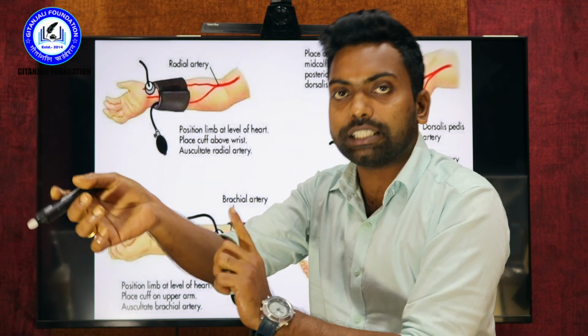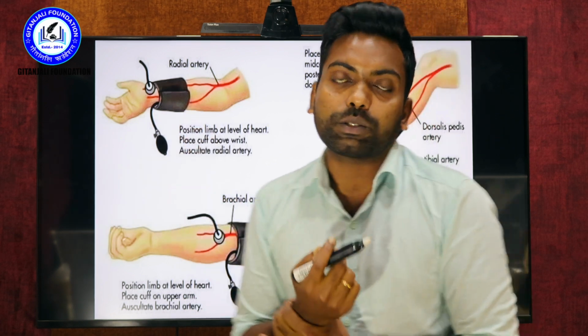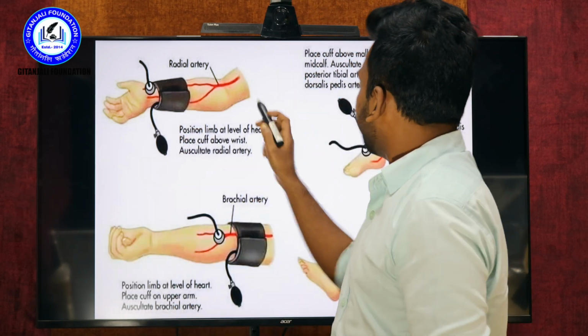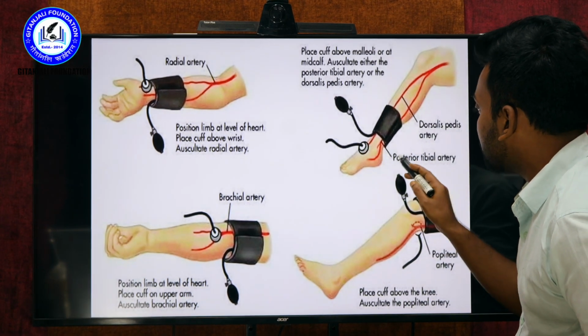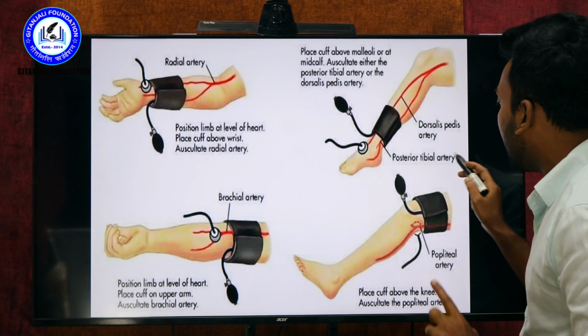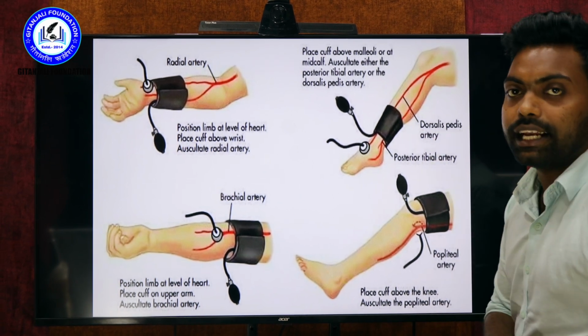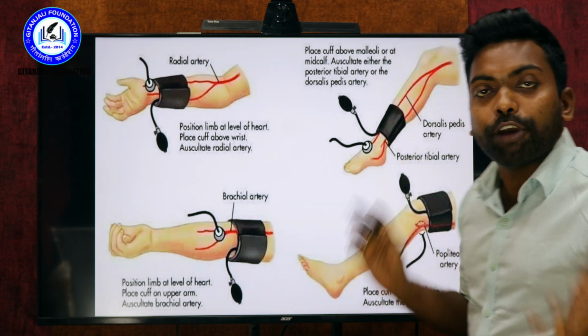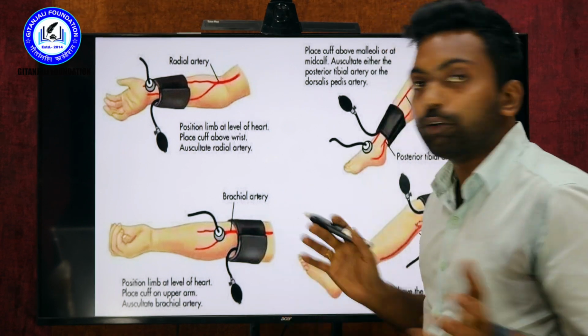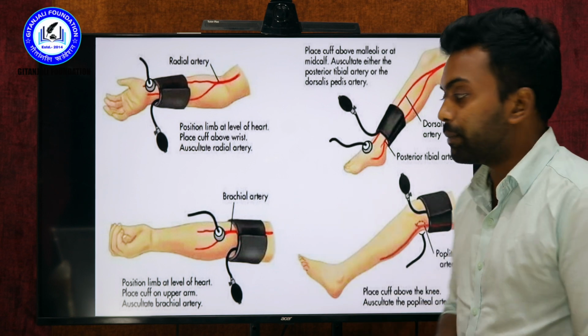Here is the first site where we can check the blood pressure. The second one is the posterior tibial artery, and here also we can select the site for measuring blood pressure, my dear students.